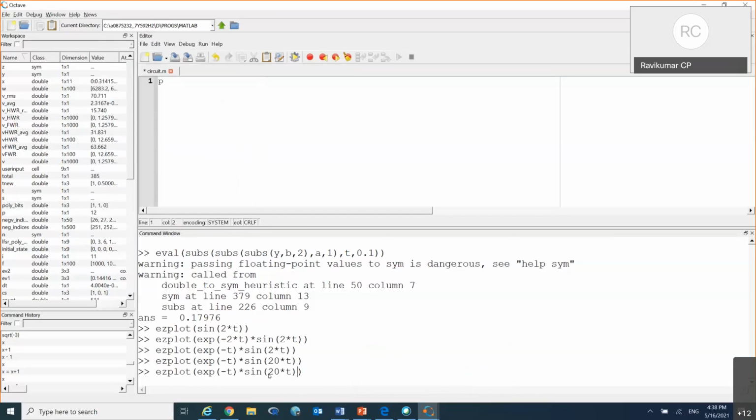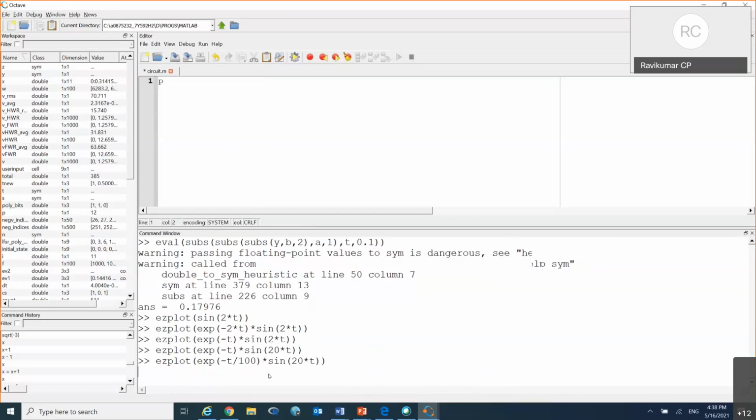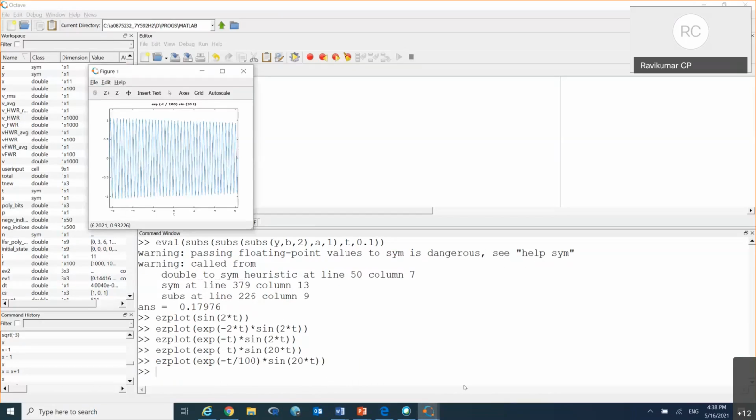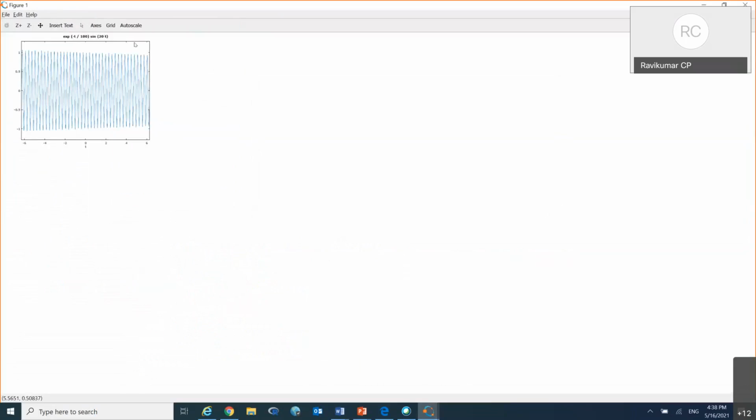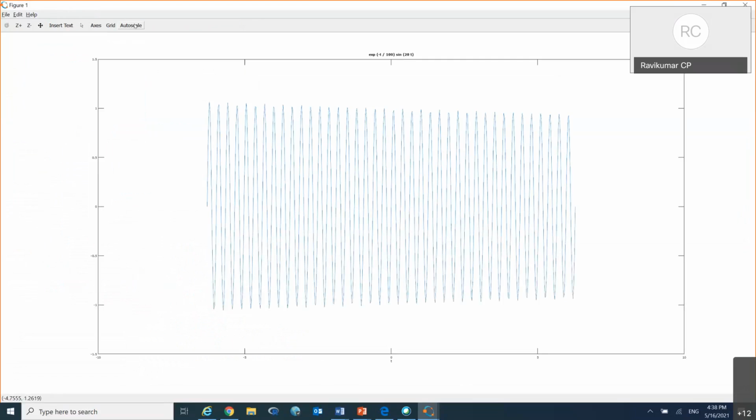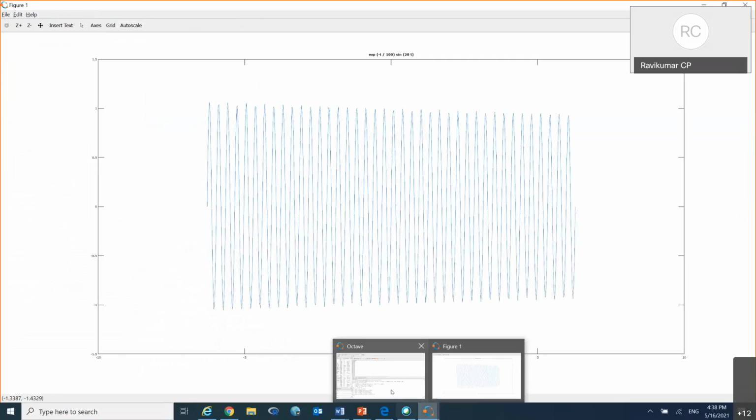Maybe what really happens in real life is maybe it's a very slow decay, maybe 100 or something like that. So this is more likely in real practice. So it looks like this. So if you have a practical example like that, you may be able to use it.